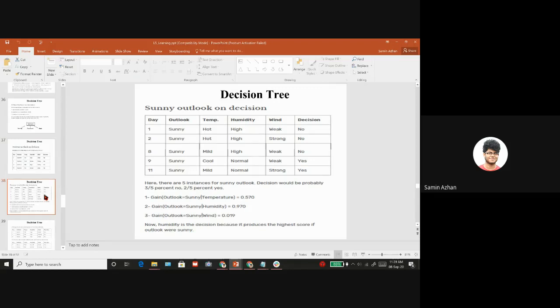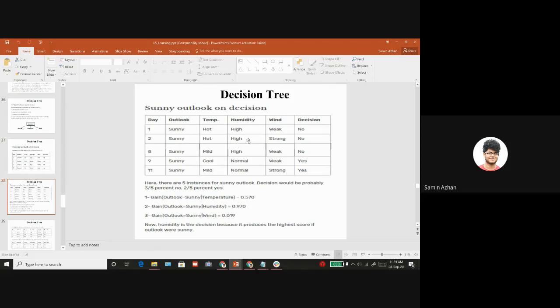When outlook is equal to sunny, we have to calculate the information gain, just like we did a few minutes ago. For all the other possible attributes, we have to calculate the gain when outlook equals sunny.